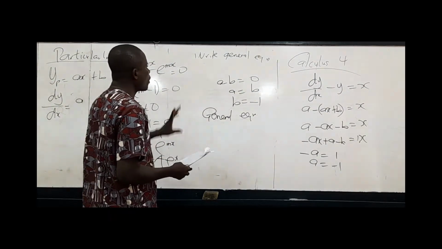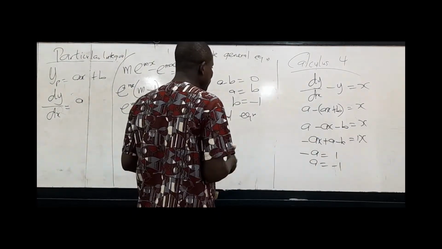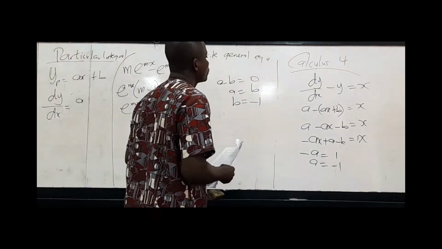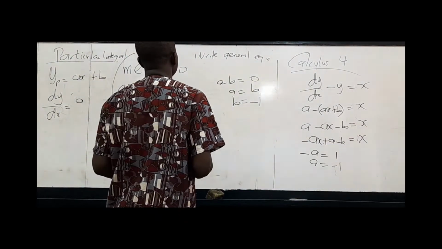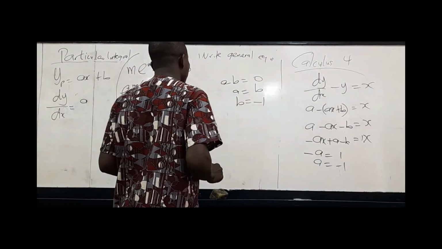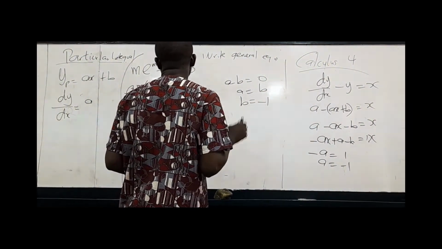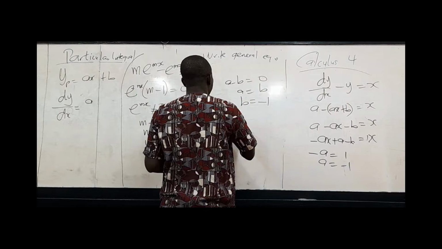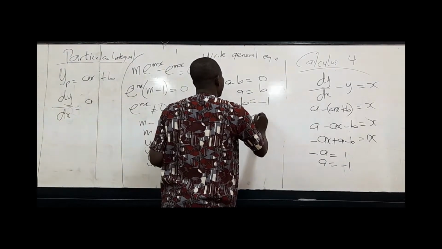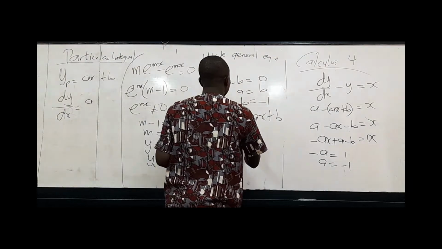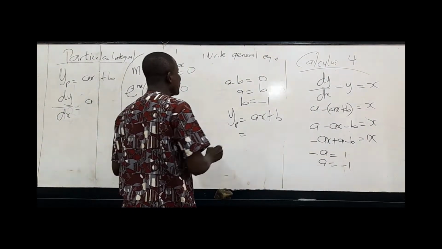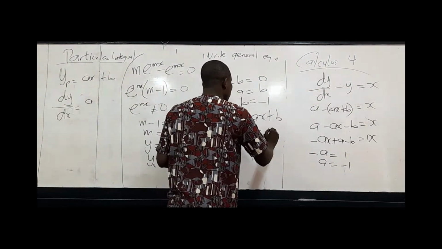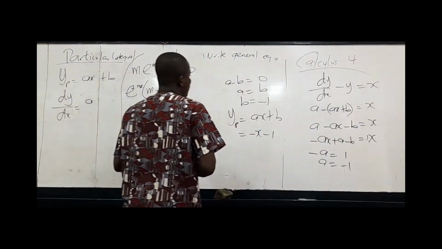Right now, after getting your a, so now we have had our a and our b. So our y particular integral, we have ax plus b. So what is our a? Negative 1. So negative 1 is the same as negative x. Negative 1 minus b. b is also minus 1. I'm repeating.